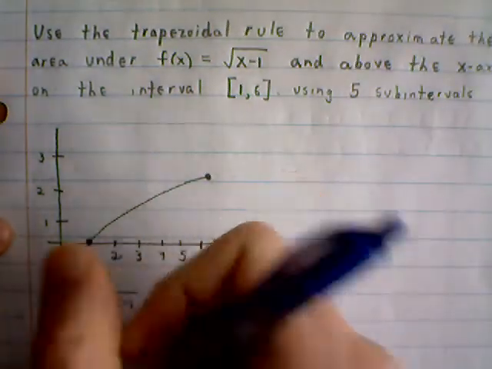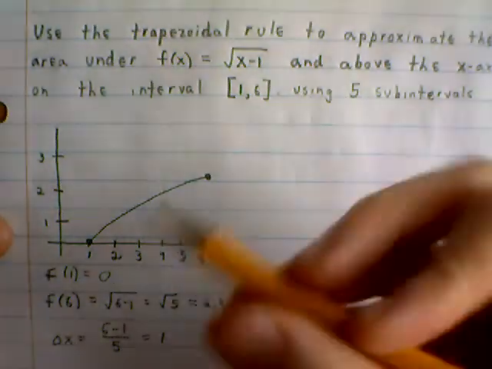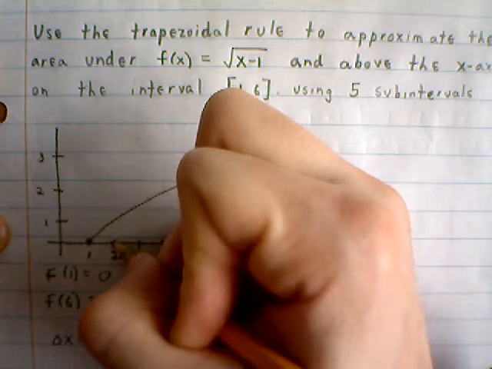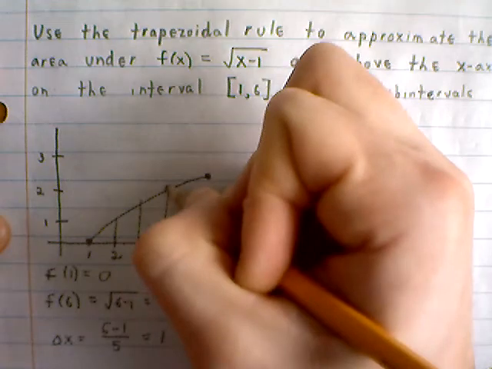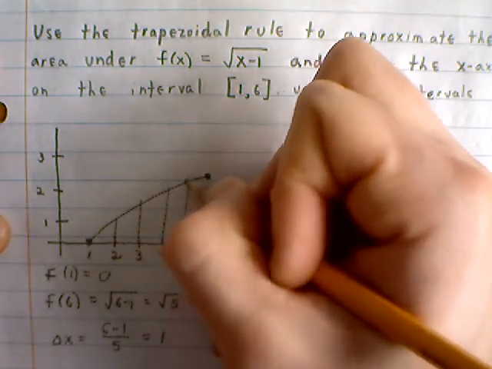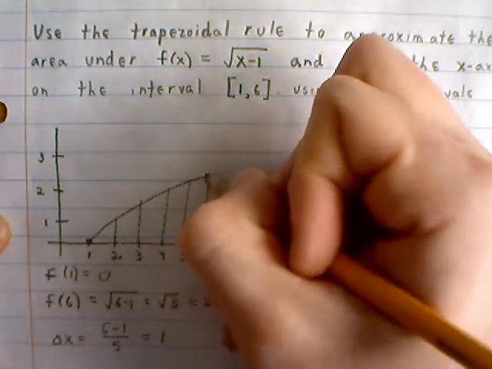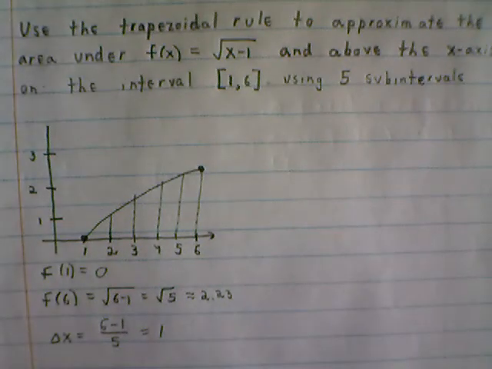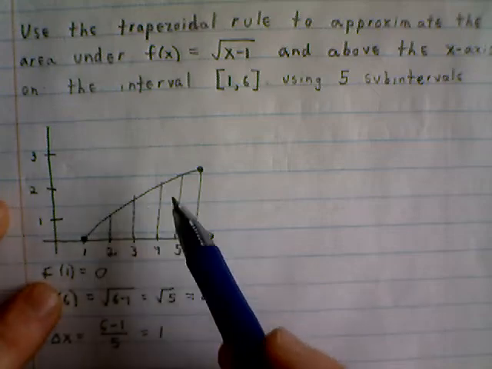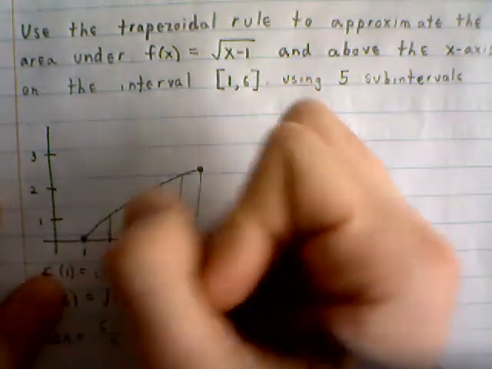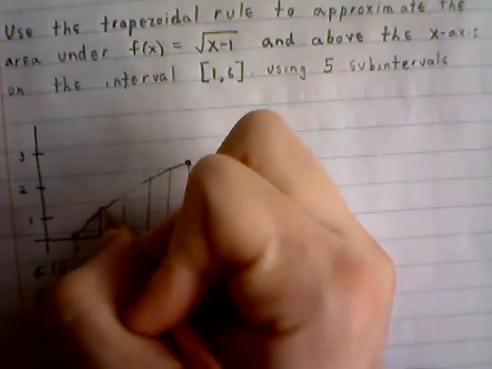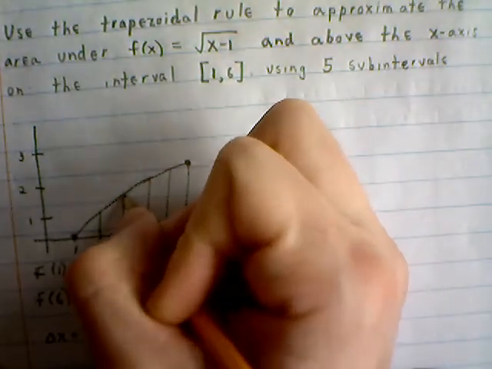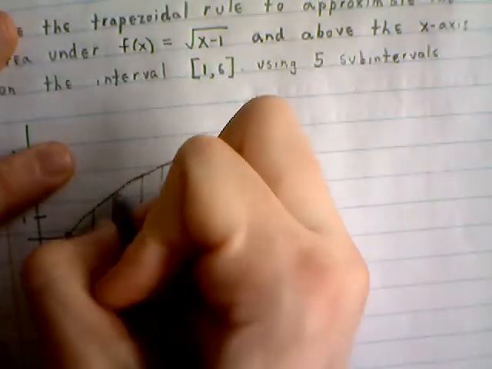First, I'm going to bring each of my endpoints up to the curve. Now to make trapezoids here, I am going to just connect the y values at the endpoints.